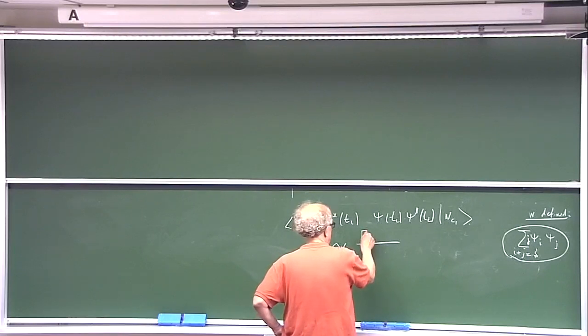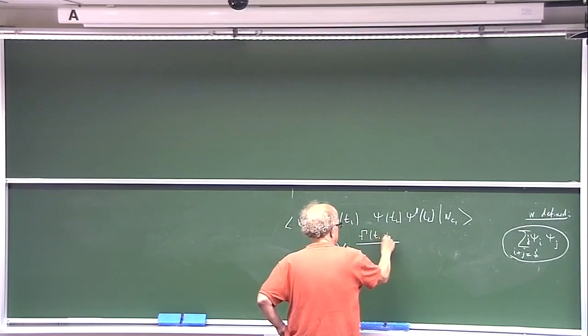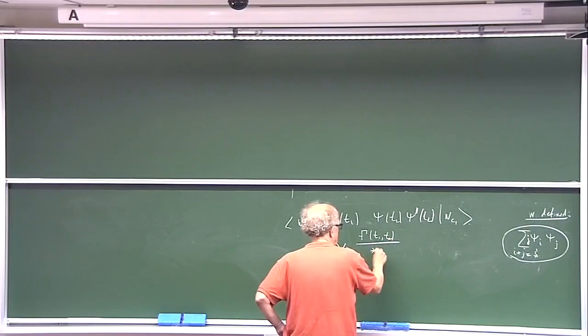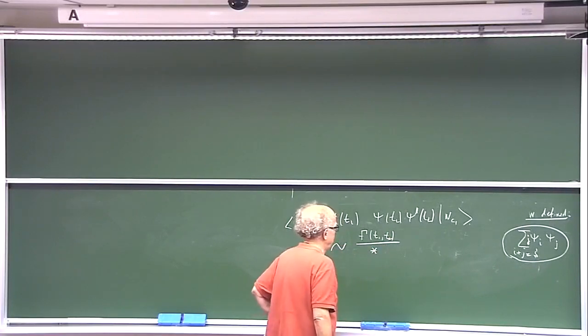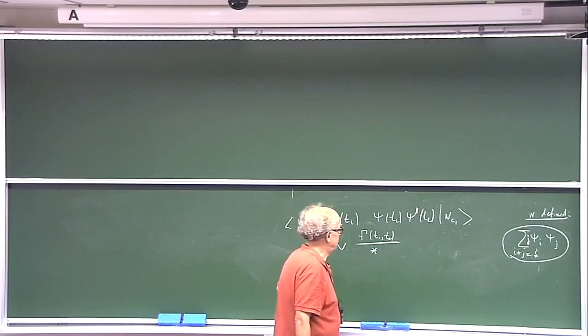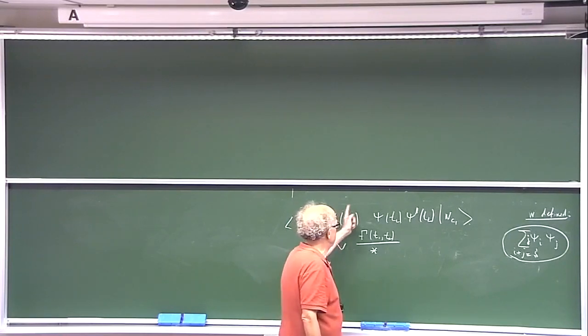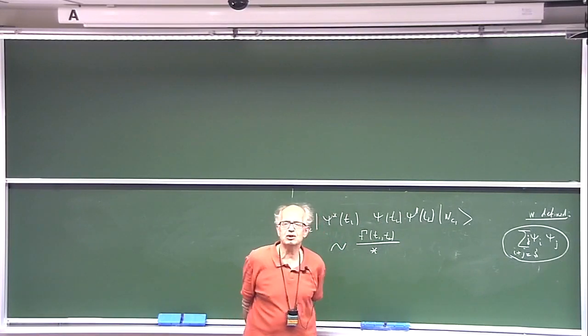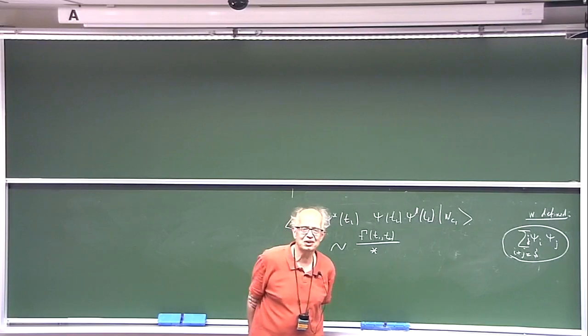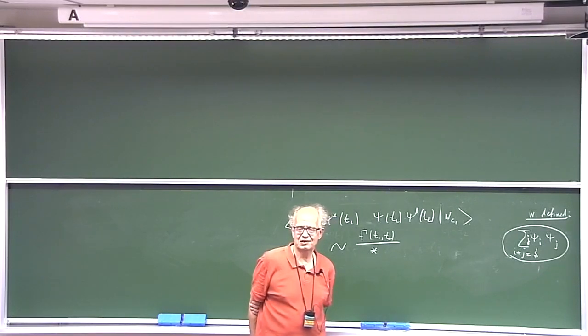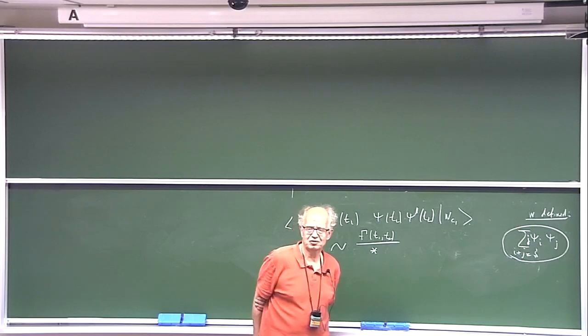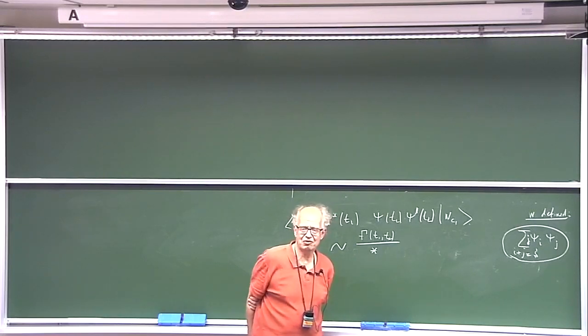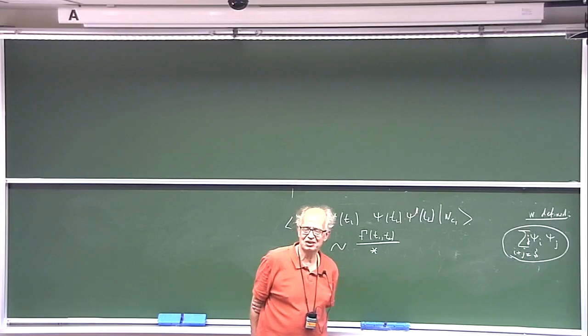It will be some polynomial here, G1, G2, but here we have some pole. This pole appears because we have a pole here and a pole here. And what degree of this pole do you think we have in this case? Do you have some ideas what it can be?